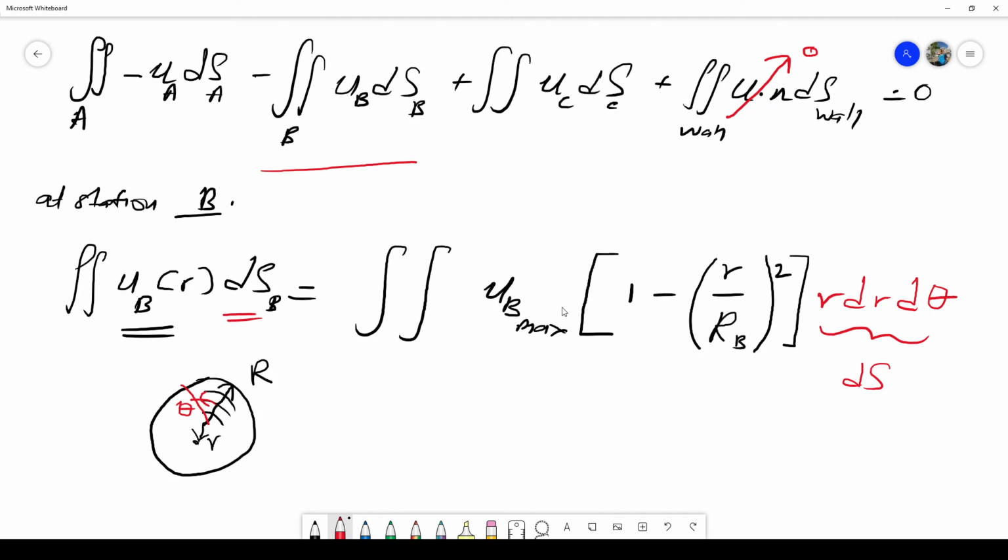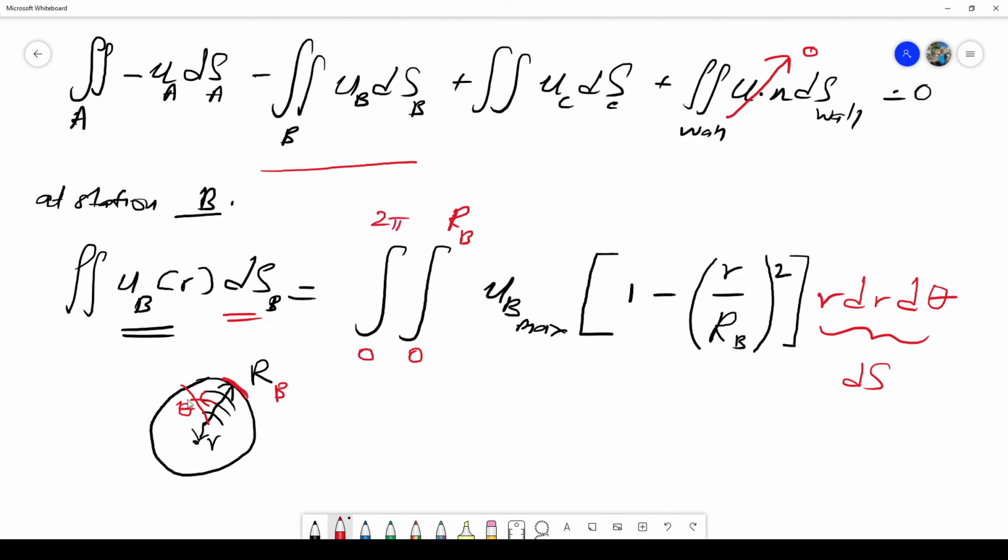And in that case we will first integrate our flow or the mass flow here from 0 to RB. So this is RB, the outer radius, and then we integrate from 0 to 2 pi as well.